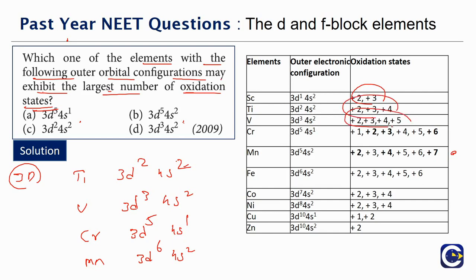Vanadium can show 4 oxidation states. Chromium can show +1, +2, +3, +4, +5 and +6, but +2, +3, +6 will be relatively more stable. Manganese can show +2, +3, +4, +5, +6, +7. In the case of manganese, +2, +4 and +7 will be relatively more stable.